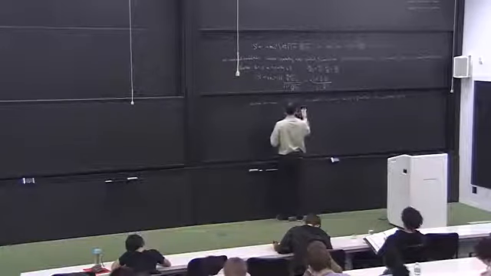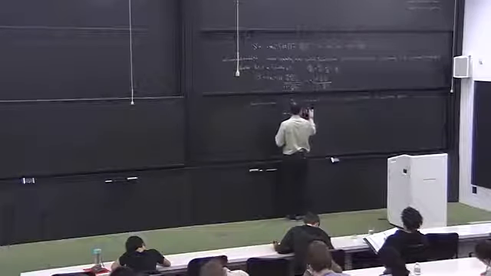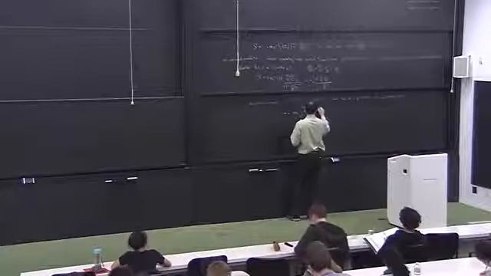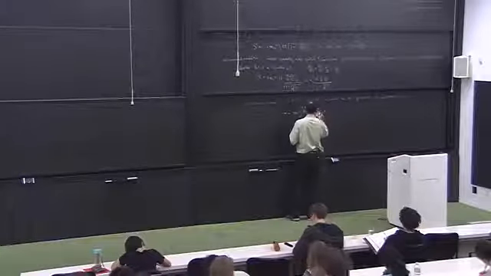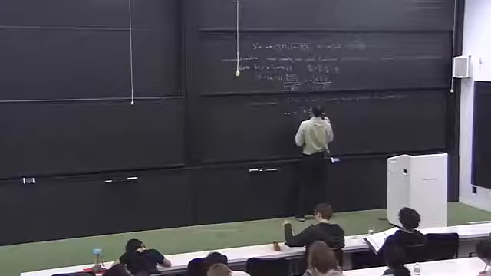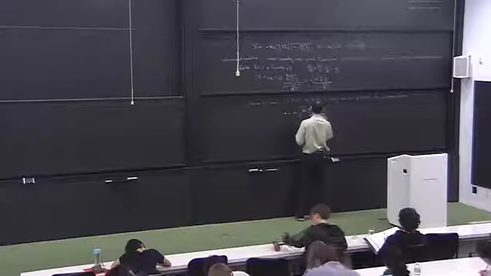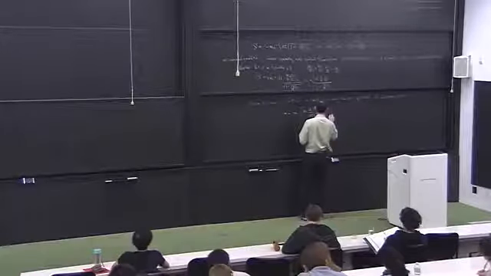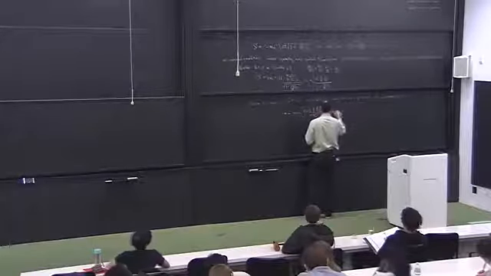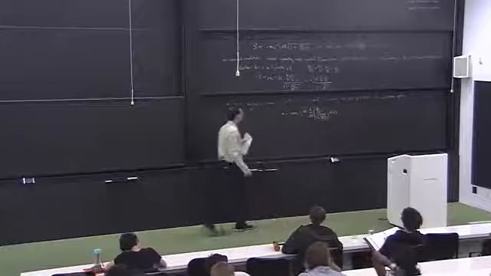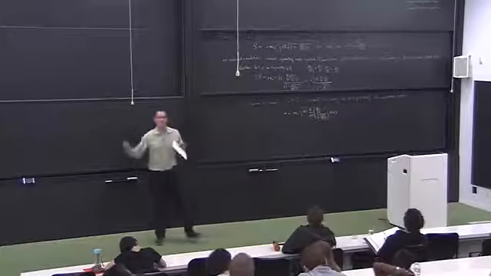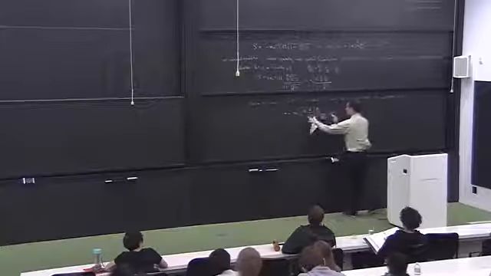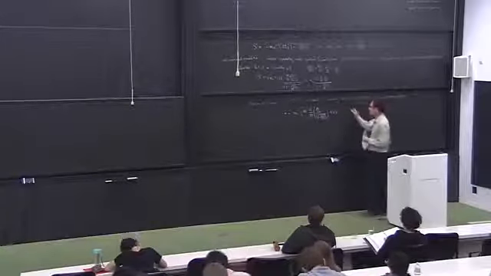I get m naught integral dt d by dt of dx/dt over square root 1 minus dx/dt squared over c squared, multiplied by epsilon of t. Okay, so that quantity has to be 0 for arbitrary epsilon of t. And that means that this function, the integrand, has to be 0.